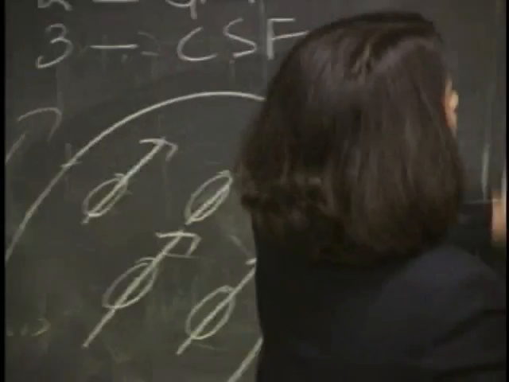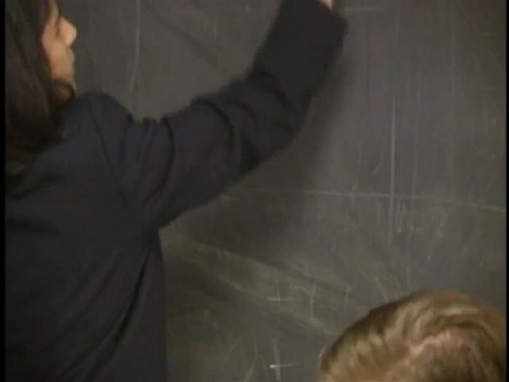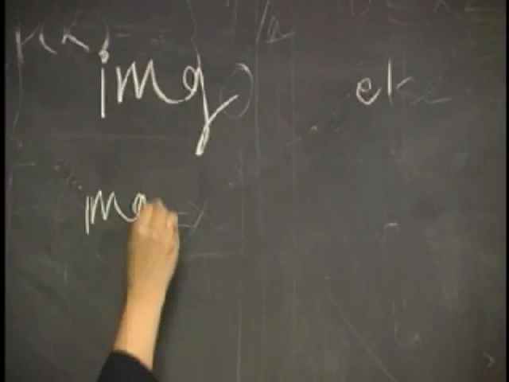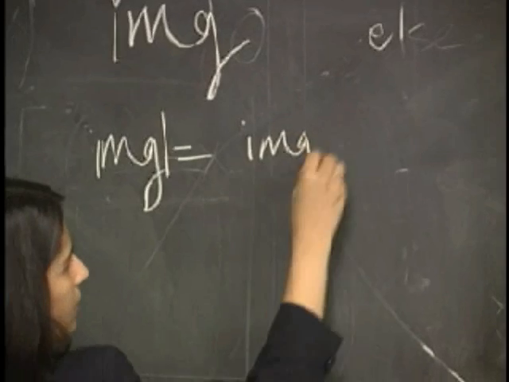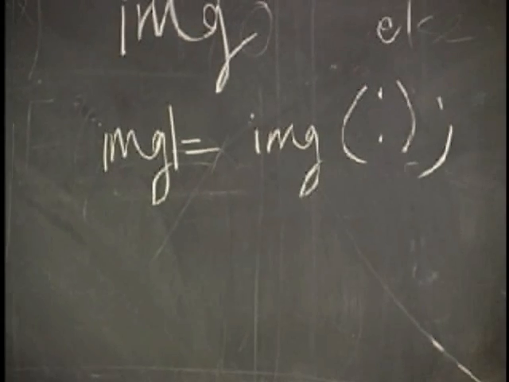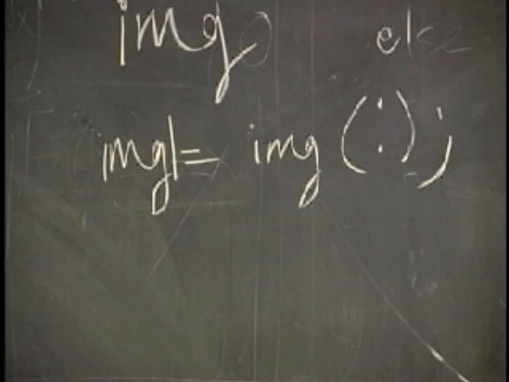Okay? If image is a 2-dimensional array, then the way you get a 1D image from that is the following: let's call it image1, image open paren colon. This is just going to flatten out the image so it'll be a 1-dimensional array of all the intensity values.